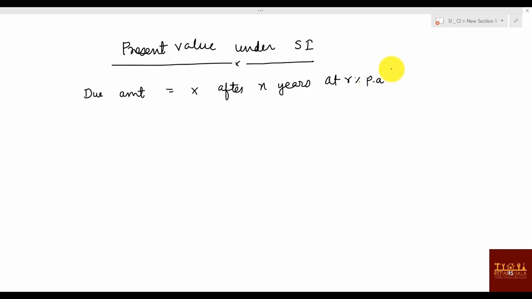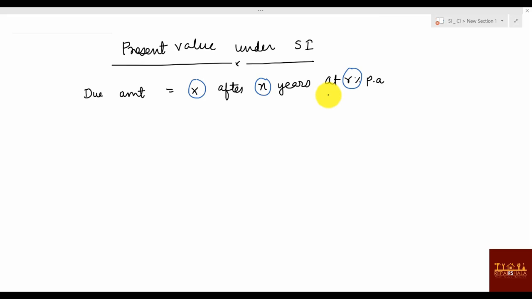So there are actually three things: X, N, and R. They will give you any two values and ask you to find the other one. Because if they give all three values, what will you find?